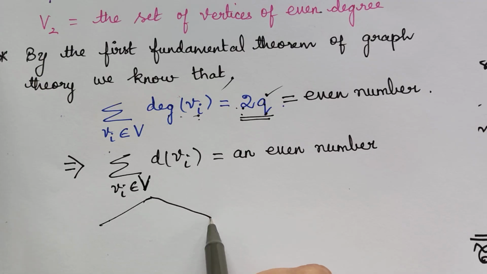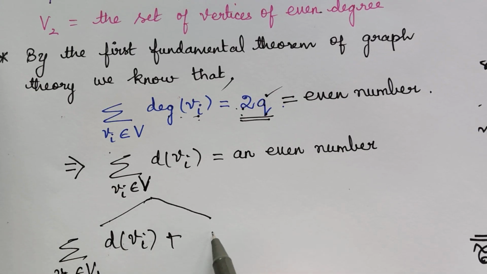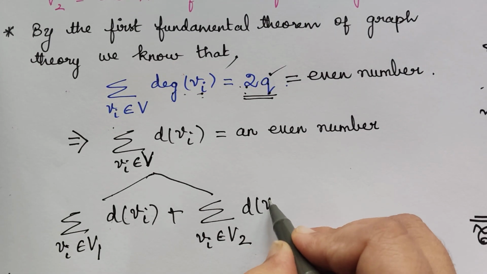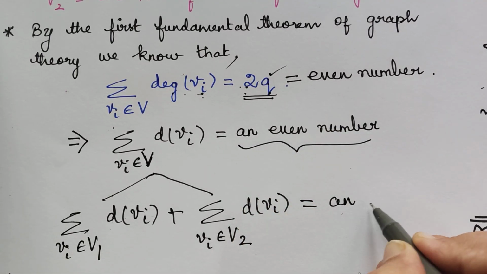How can it be split? The summation over all those vertices of V1 of degree of Vi plus the summation over all those vertices from V2 of degree of Vi is equal to, what is the right hand side? It is an even number.